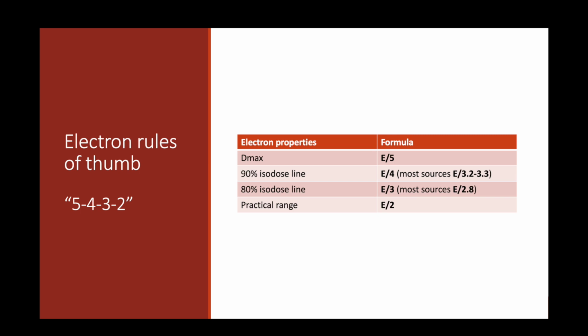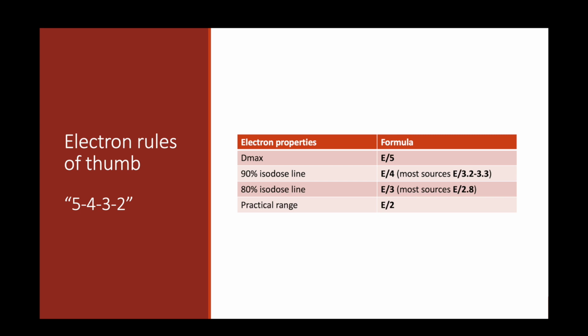So we already talked about the practical range of electrons. Remember, we said that the practical range is the energy divided by 2. So if we're thinking about a 9 MeV beam, the practical range, the range within which the dose to the patient is actually going to be clinically relevant, is 4.5 centimeters.